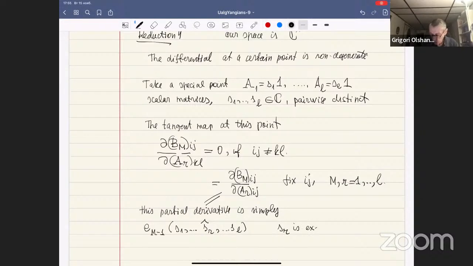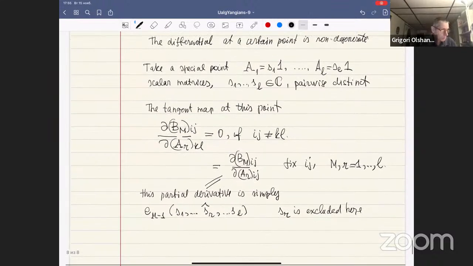The hat means that this variable should be excluded.